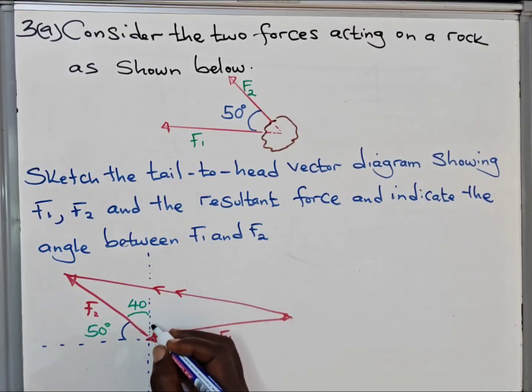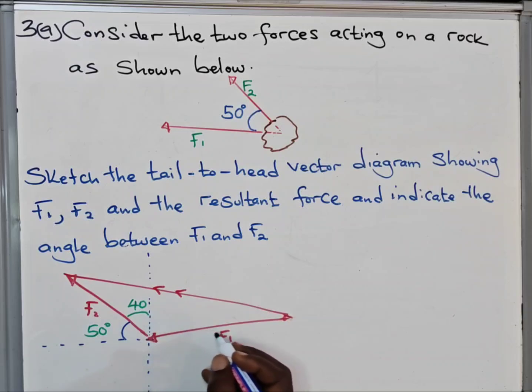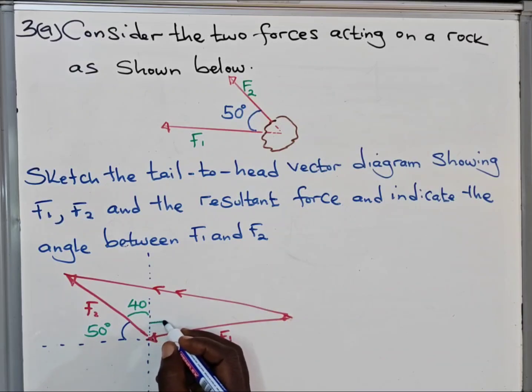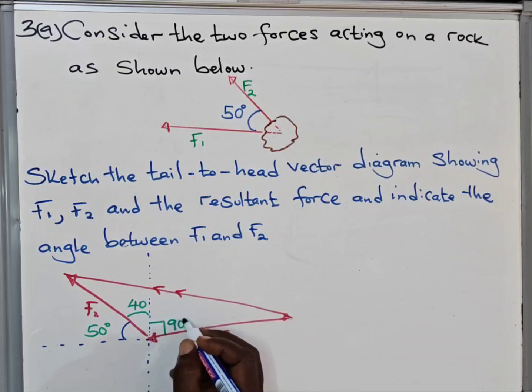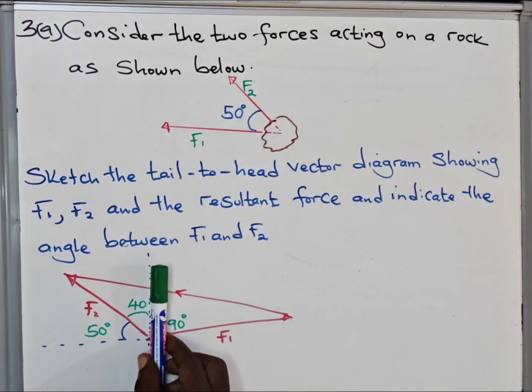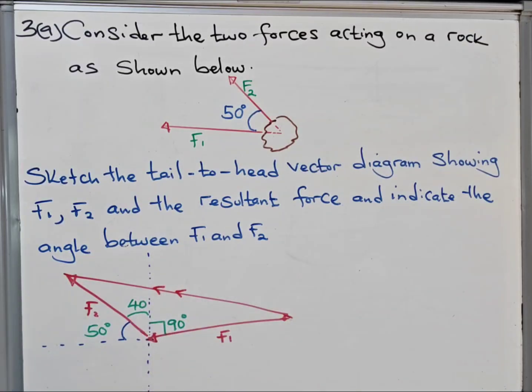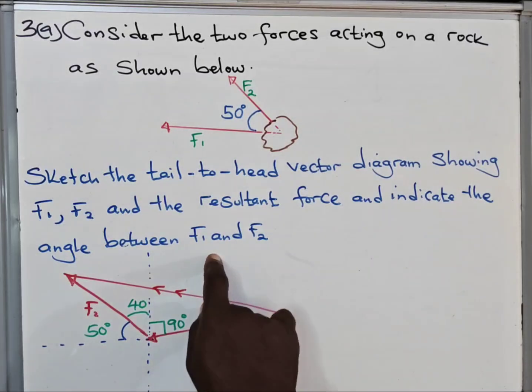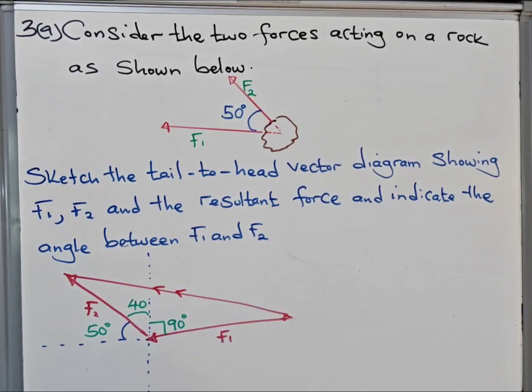And you need also to recall that the angle here is 90 degrees, because it's between horizontal and vertical. Knowing that, and they wanted us to calculate the angle between F1 and F2, what is it?